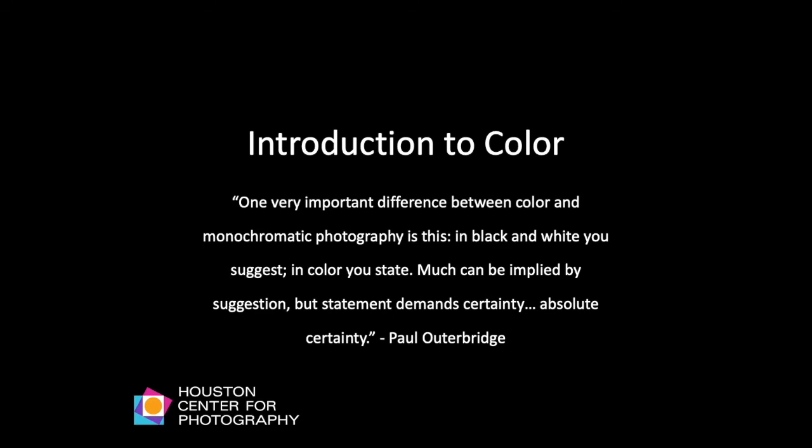Because that was right at the start of color, he says, one very important difference between color and monochromatic photography is this. In black and white, you suggest. In color, you state. Much can be implied by suggestion, but statement demands certainty, absolute certainty. So just think about that quote.